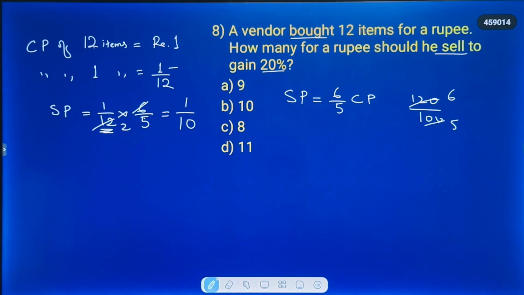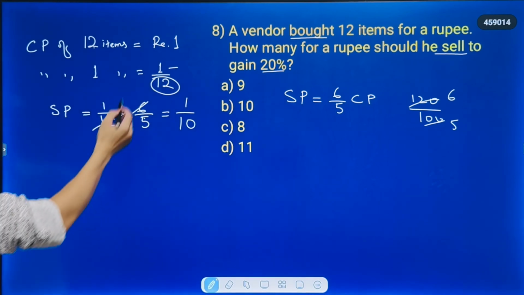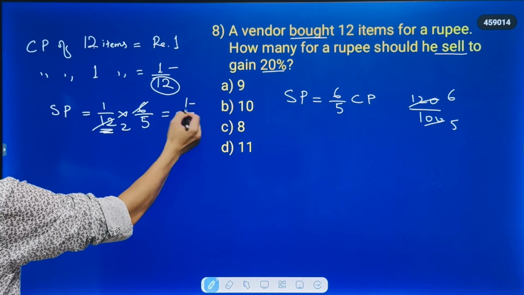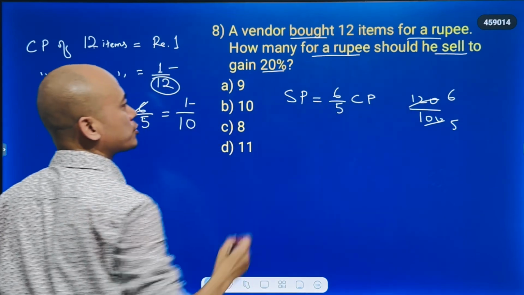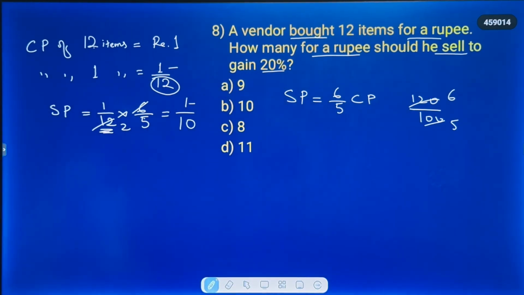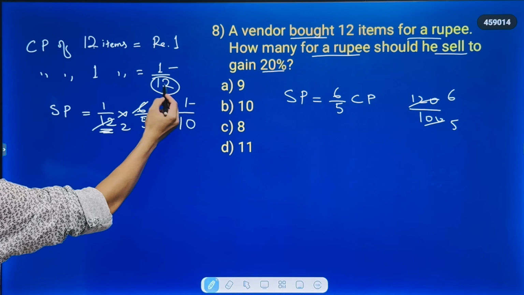Yeah, 1 by 10. I said earlier that the upper part is the rupee and the lower part is the quantity. Here also rupee is the same, 1. It is written for a rupee, which means the rupee has to remain the same. So 12 items cost rupee 1, and item is the denominator.